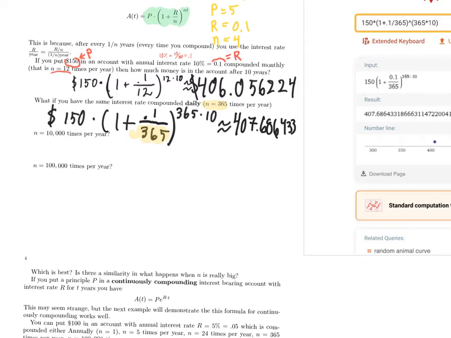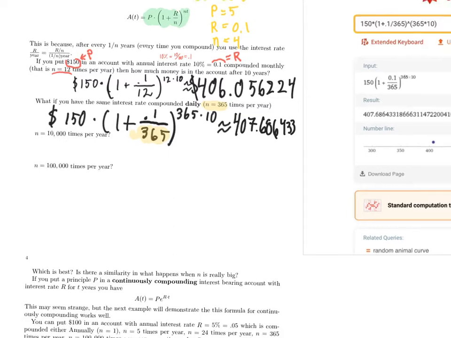We do a little bit better when we increase the number of times we compound annually. So if we do that much better when we go from 12 to 365, so that's like a 30-fold increase in the number of times we compound, what if we go from 365 to 10,000 times per year, to 100,000 times per year?